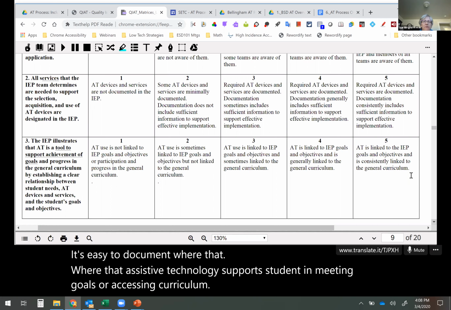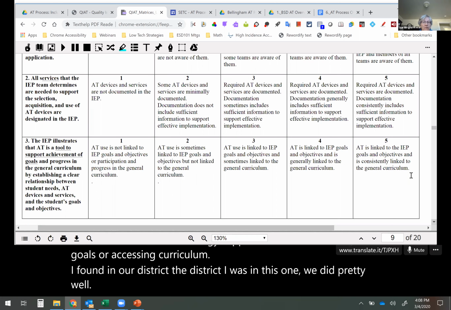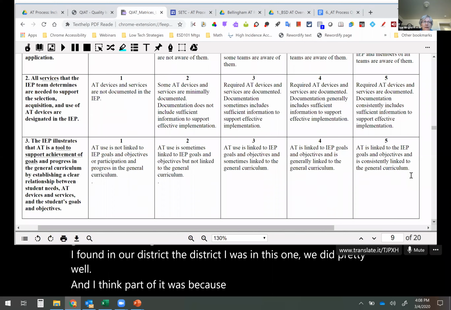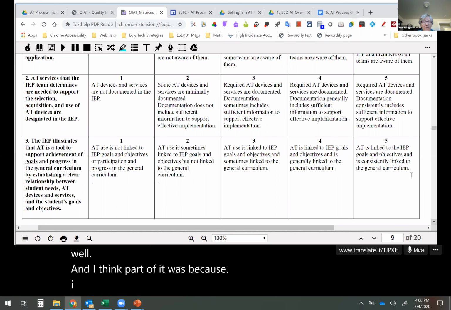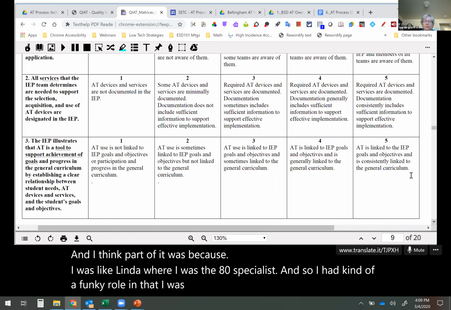I found in the district I was in, we did pretty well. And I think part of it was because I was like Linda, where I was the AT specialist. So I had kind of a funky role in that I was just an AT specialist. I wasn't the teacher. I wasn't the OT or the SLP.